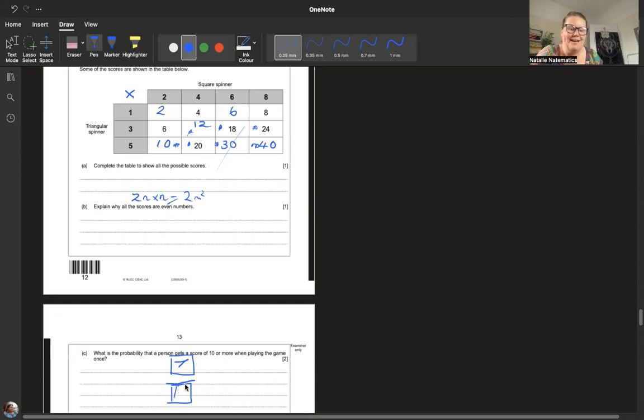Some people say, what if you've got duplication in here? For example, if we've got a duplicate number, a 6 and 6, you have 2 opportunities to get 6, a 6 and a 1, or a 3 and a 2. Each of those is as important as each other. So they are 2 separate possibilities.